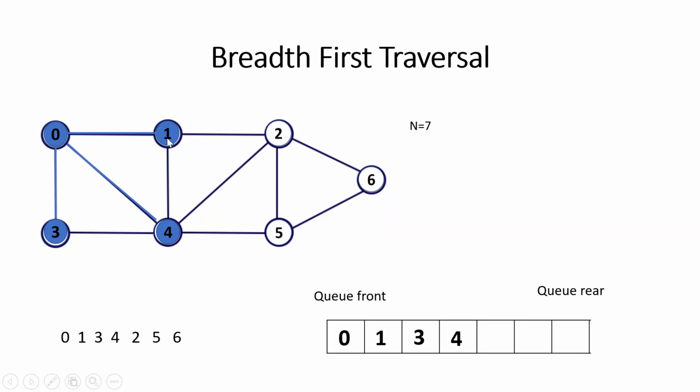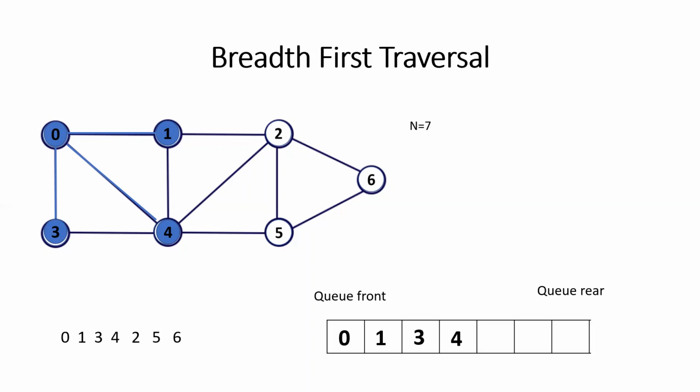So we will be exploring all the adjacent vertices. We will visit 1, insert 1 into the queue, visit 3, insert 3 in the queue, and visit 4 and insert 4 in the queue. So we have explored all the adjacent vertices of vertex 0. Now we can understand that we don't have any other unvisited adjacent vertex for vertex 0, which is in front of the queue. Understood?